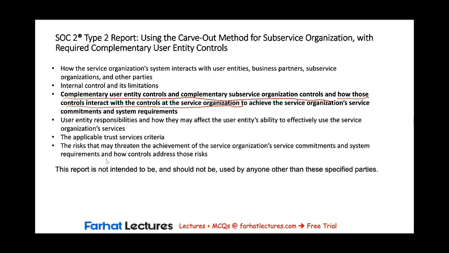So this is an additional understanding expected from those parties in order for them to be able to use the report. They should have this additional knowledge of the complementary user entity controls and complementary subservice organization controls. The rest of the section is the same as the standard report. And finally, no surprises here.